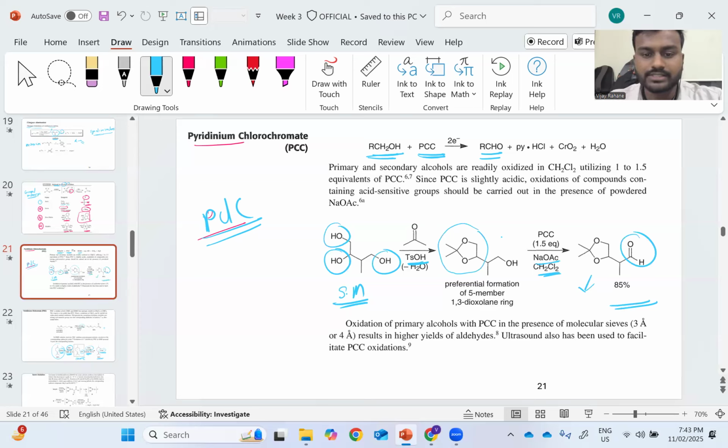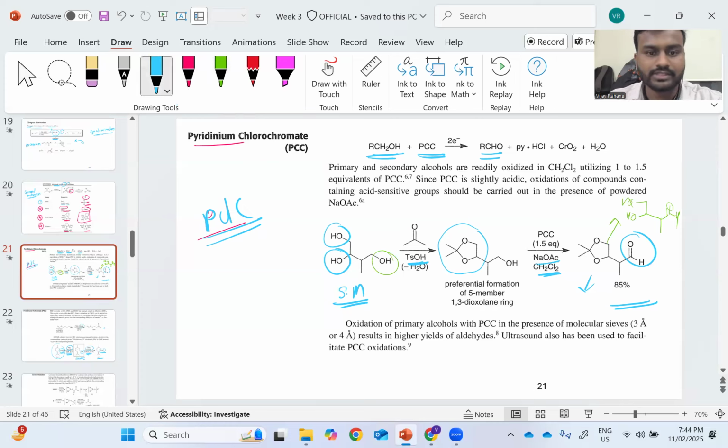So if you want to selectively oxidize this alcohol, which is shown here in green, we can do that by this approach: protection followed by oxidation, and the third step will be the deprotection of the alcohol groups. So after deprotection we get this. So the selectivity is important here.